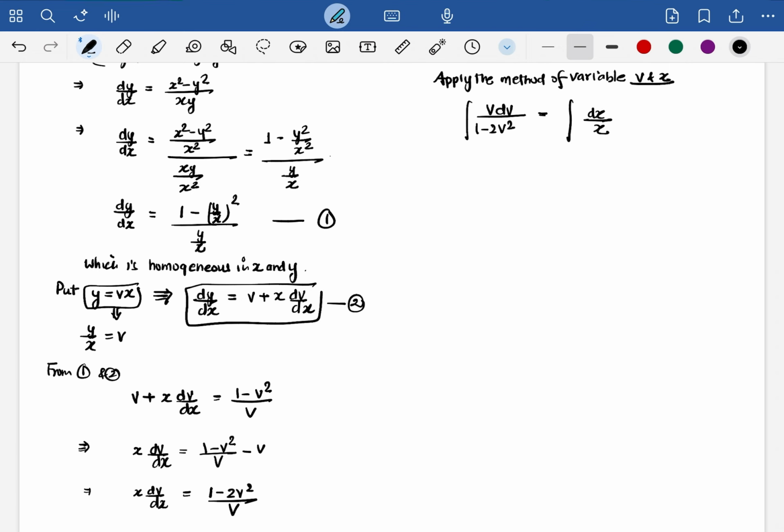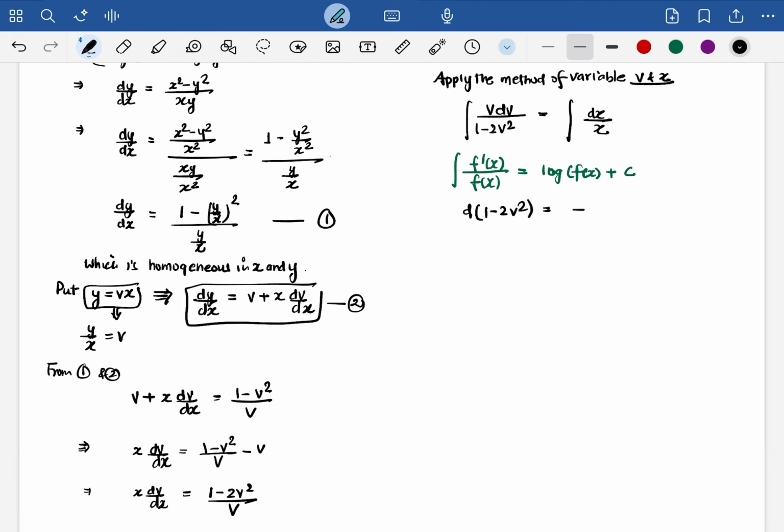Okay, now if we recall, in the last class we got one formula that if at the numerator there exists the derivative of the denominator, then we can directly write the result as ln, or basically log, of f(x), plus c. So here, what's the derivative of 1 minus 2v square?